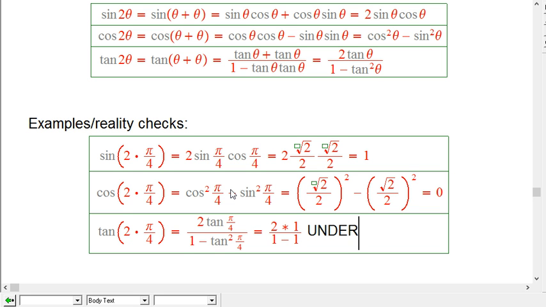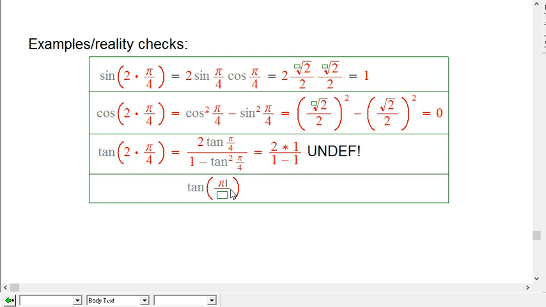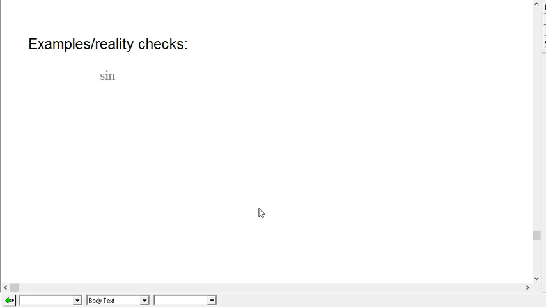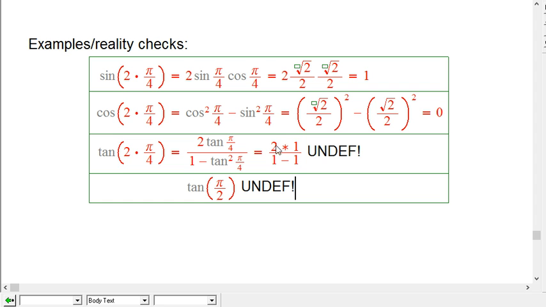This is undefined. Is that a bad thing? No, it's not, because 2 times pi over 4 is pi over 2. What were we trying to calculate? We were trying to calculate the slope of a vertical line, an angle that goes straight vertical. This is supposed to be undefined. So it's totally making sense that this has to happen. The bottom going to 0 was actually a really good thing. It gives us the only accurate way that this could be represented. Okay, that's enough for this video.